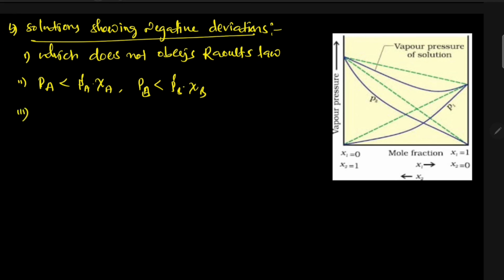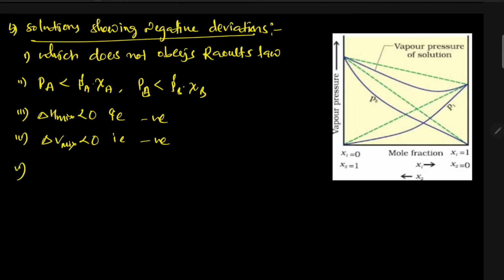Now the enthalpy change delta H mix is less than 0, that means delta H is negative. Next, the volume change is less than 0, that means delta V is also negative.